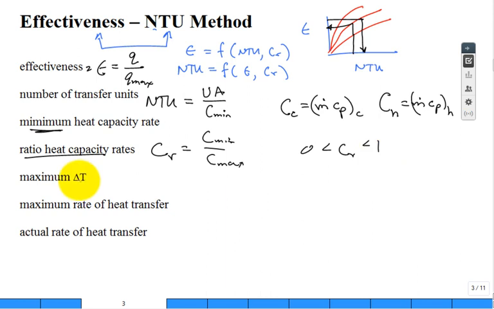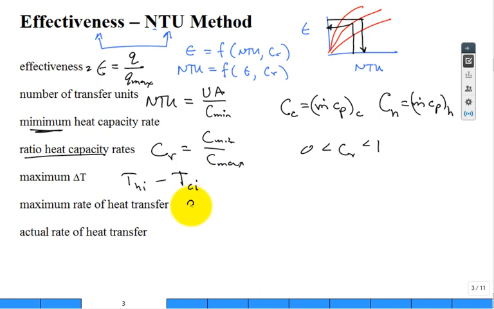All right, maximum delta T. This is the temperature hot in, the highest of the hot temperatures. And then you have the coldest of the cold, that would be the cold in. So those are your two extreme temperatures, so that's our delta T maximum.